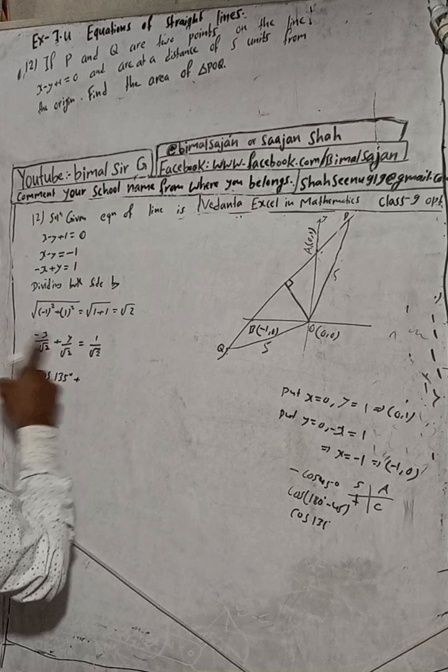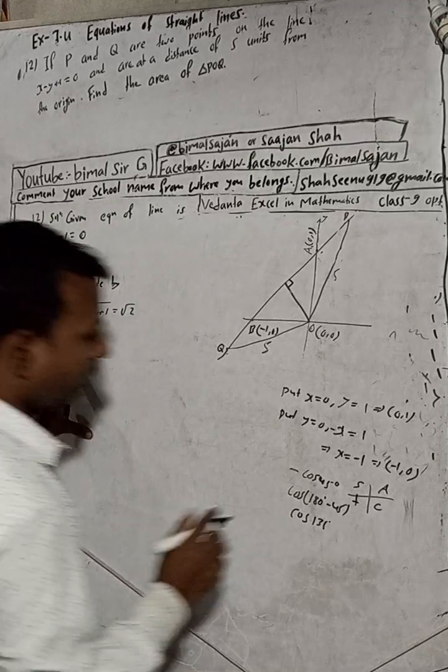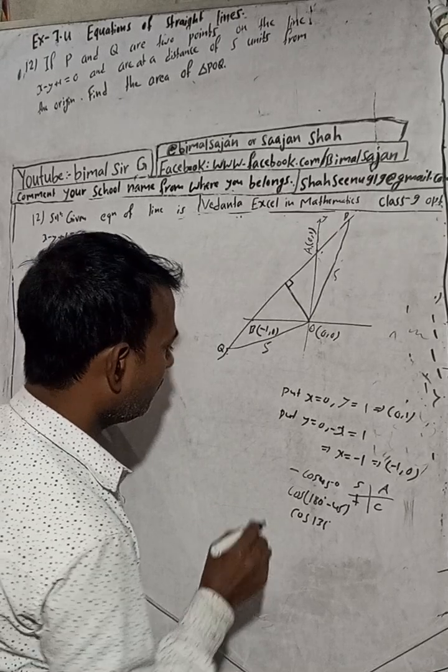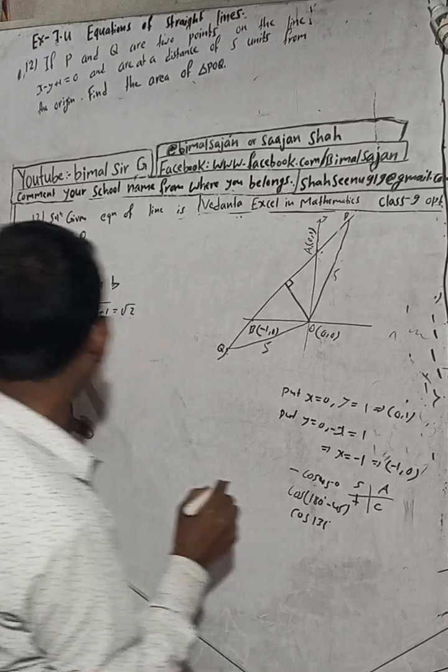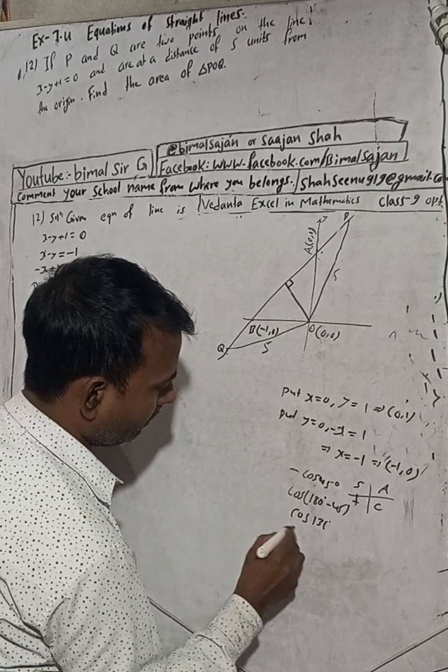Plus 1 by √2 for y. This is sine 45 degree.